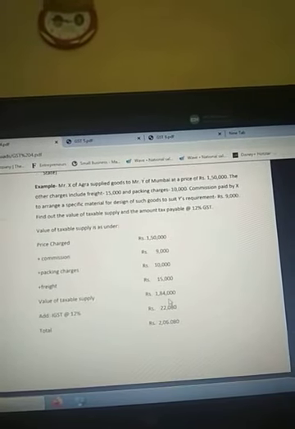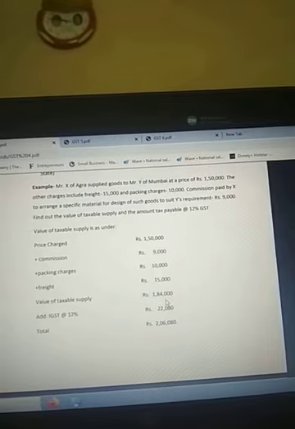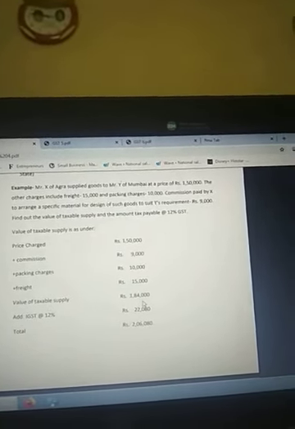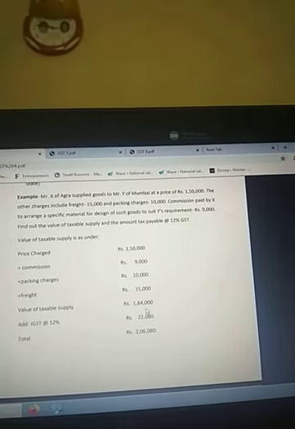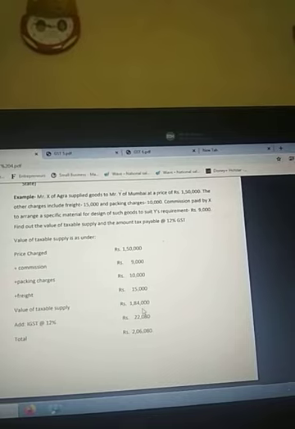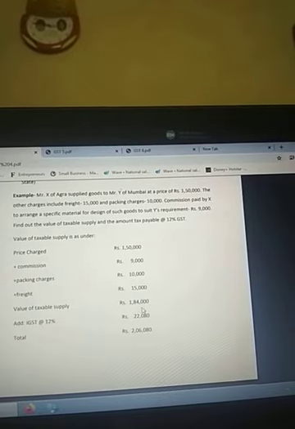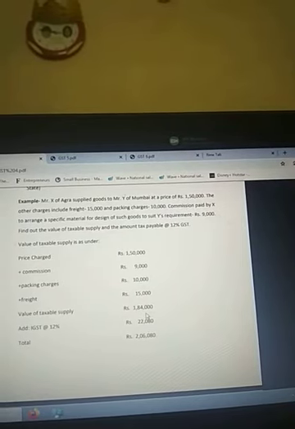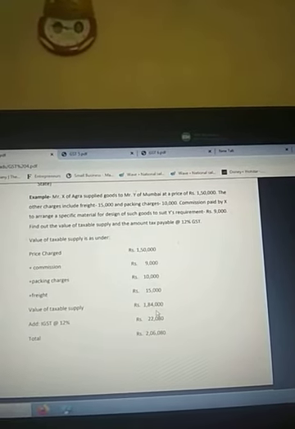For example, Mr. X of Agra supplied goods to Mr. Y of Mumbai at the price of 1,50,000. The other charges include freight of 15,000, packaging charges 10,000, and commission paid by X to arrange a specific material for the design of such goods to suit Y's requirement, rupees 9,000. Find out the value of the taxable supply and the amount of tax payable at the rate of 12% GST.